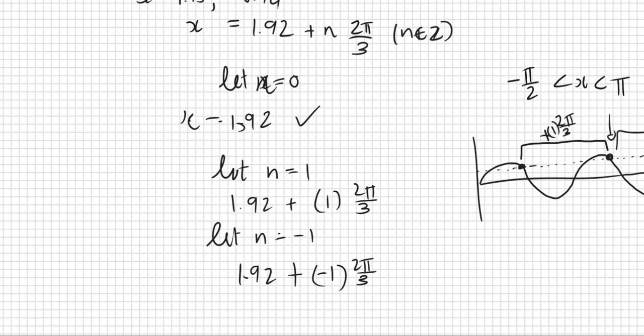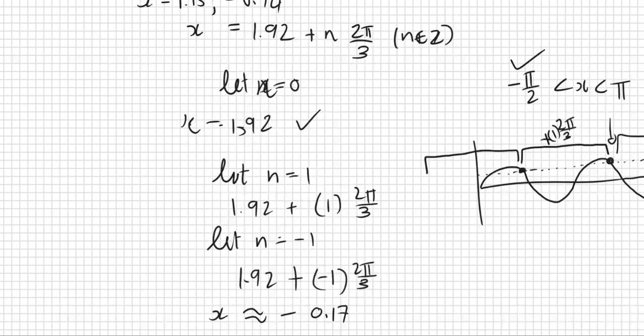That would be going this way on our graph, and this gives us, more or less, negative 0.17, which is within our restrictions. Pi over 2, if pi is 3.14-ish, then you divide that by 2, it's going to be 1 point something, and negative 0.17 is well within that restriction.